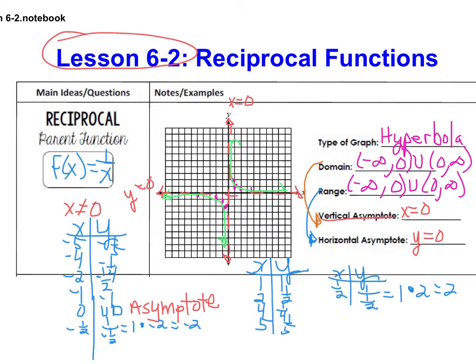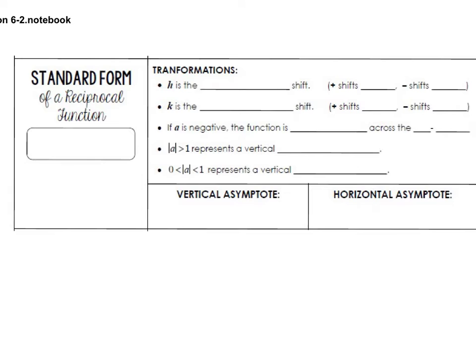Let's move on to our next one. So here we have standard form of a reciprocal function. We're basically going to take the reciprocal parent function that we just looked at, and write it in very familiar terms.